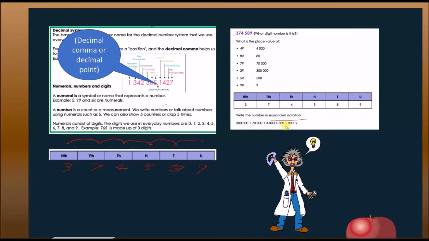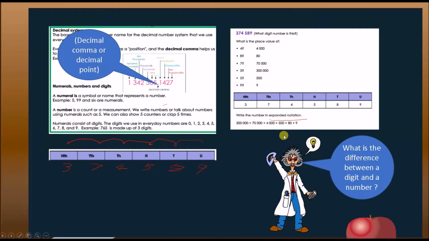Plus 8 times 10, which is 80. Plus 9. Just remember, the difference between the digit and the number is that the number consists of digits and the place of where that digit is determines its value.